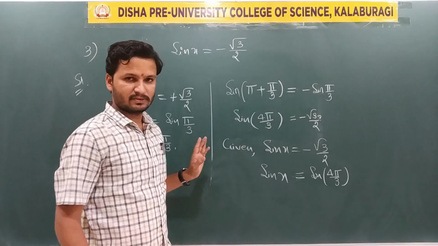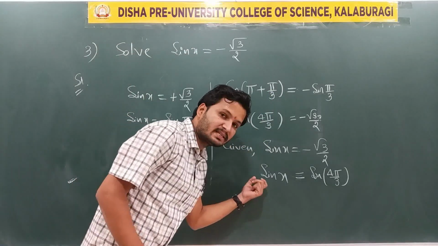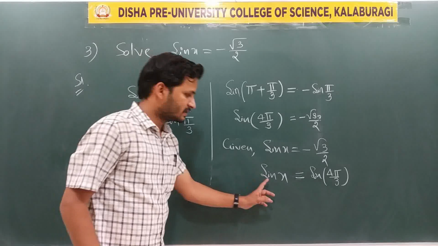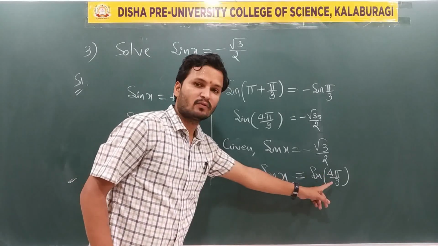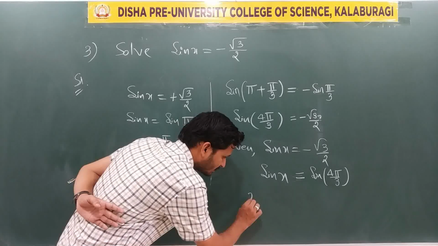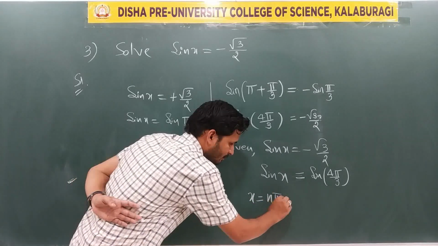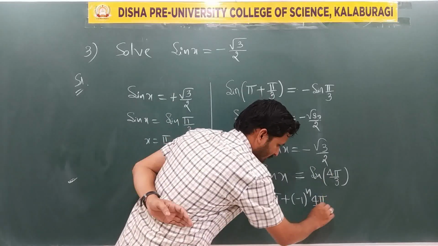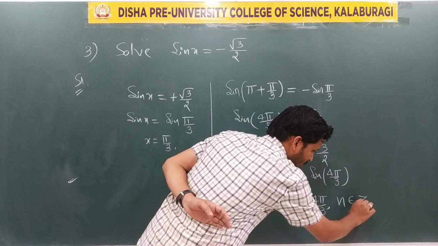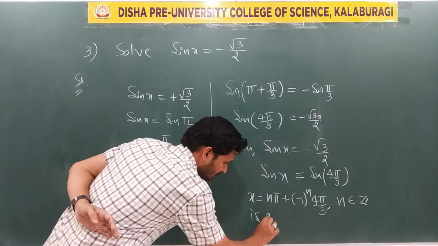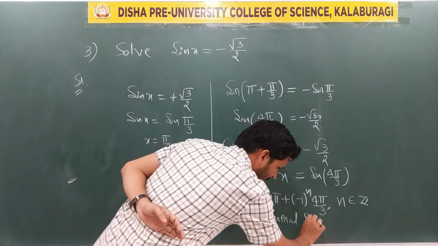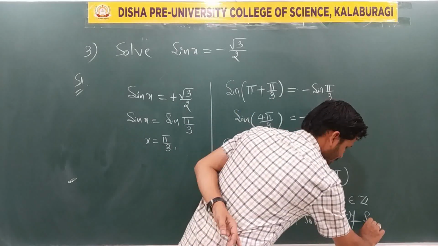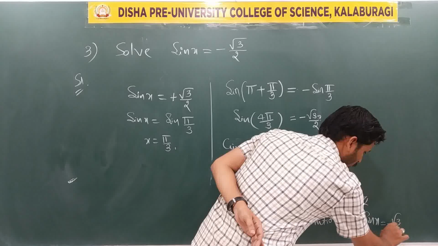Now observe, this is of the form sin x equals sin y. So if sin x equals sin y, then x equals n pi plus minus 1 to the power n into y. Here y is 4 pi by 3, where n belongs to Z. This is the general solution of the given equation, that is sin x equals minus root 3 by 2.